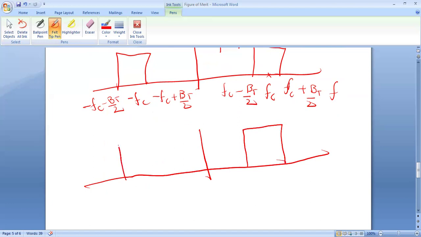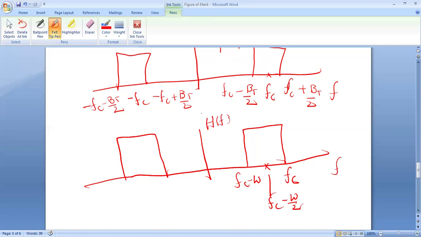Suppose I am transmitting only the lower sideband, so the center frequency will be fc minus W by 2 for the IF section for SSB only. Similarly on the negative side, minus fc plus W by 2.